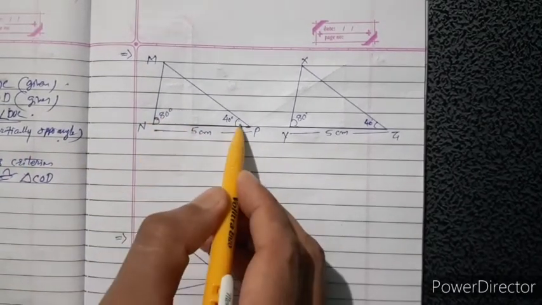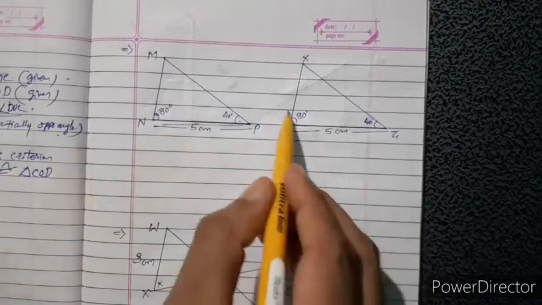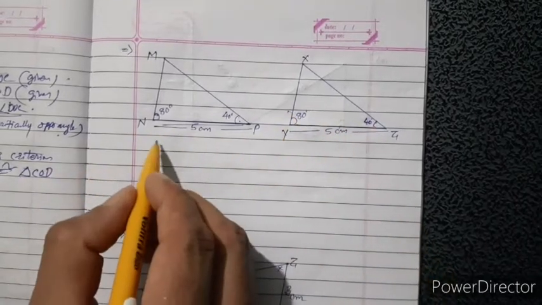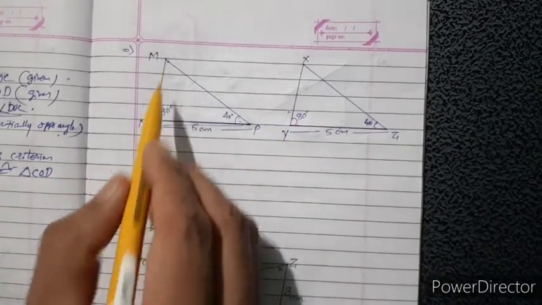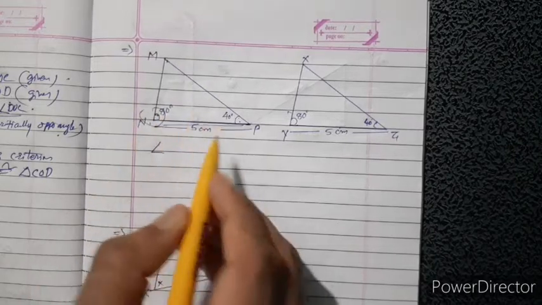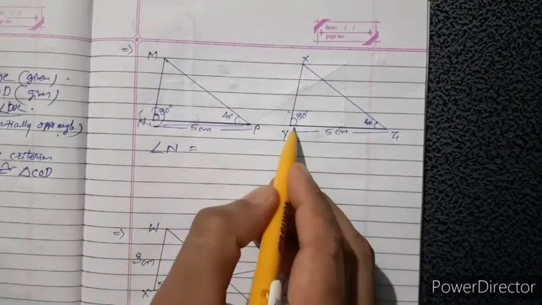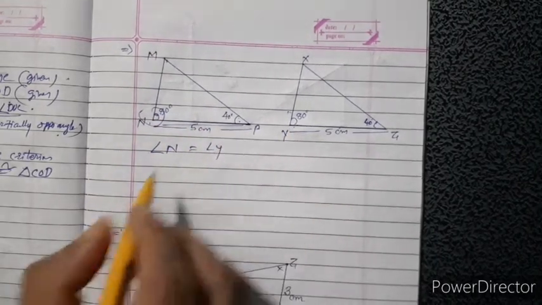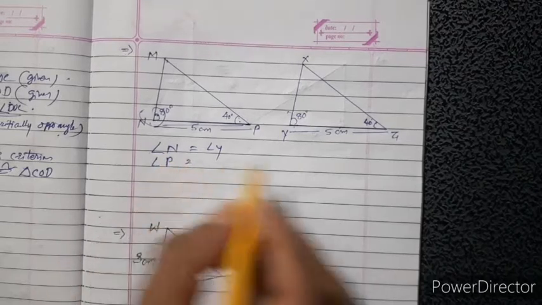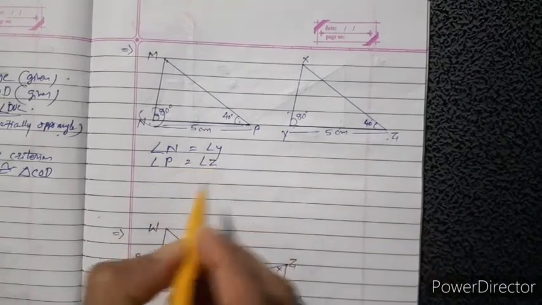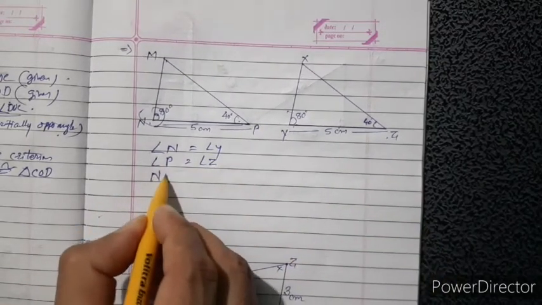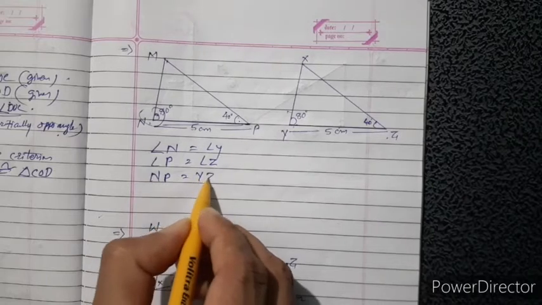Now here look, the criteria depend on which parts' measurements are given. Here two angles and one side are given. So write down first angle N, angle N equal to angle Y, then angle P equal to angle Z, and NP equal to YZ.